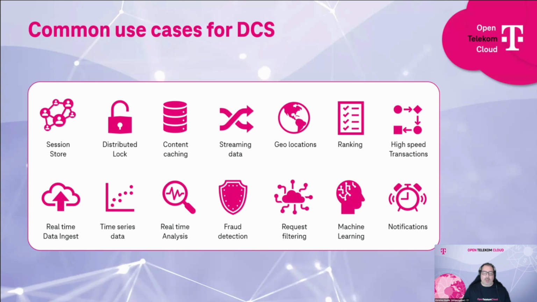For example, when you do a real-time analysis where you need a lot of data aggregated in a sub-millisecond response time, as well as, for example, when you want to implement high-speed transaction processing.